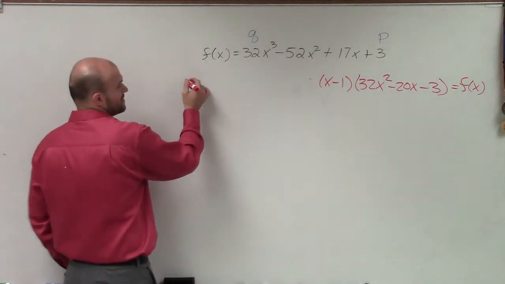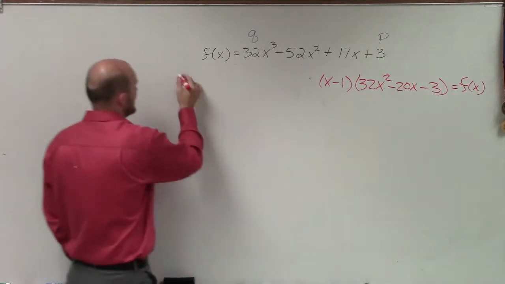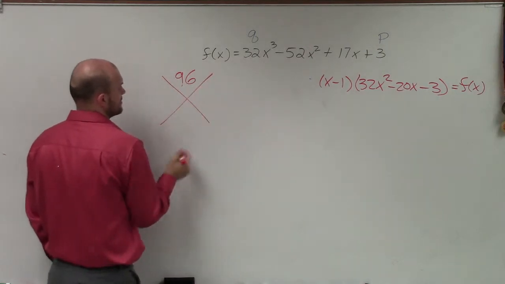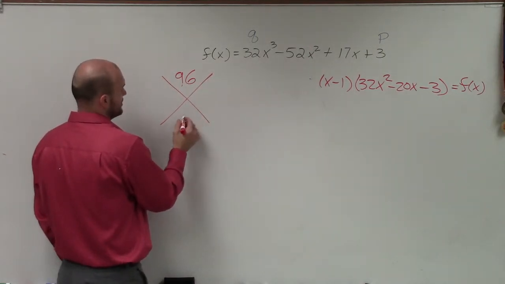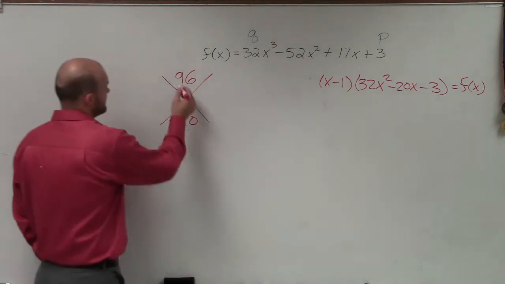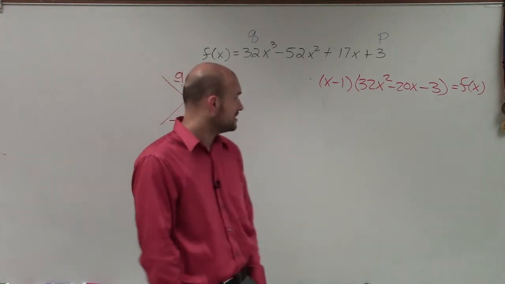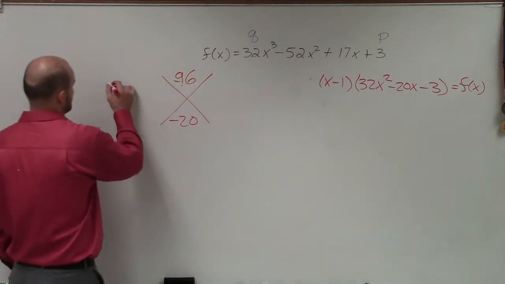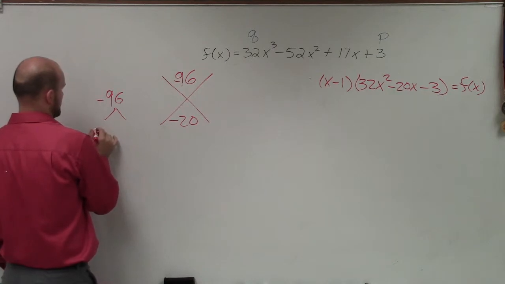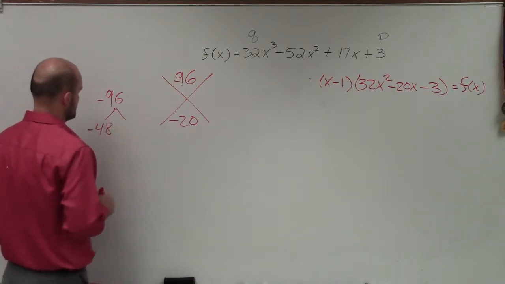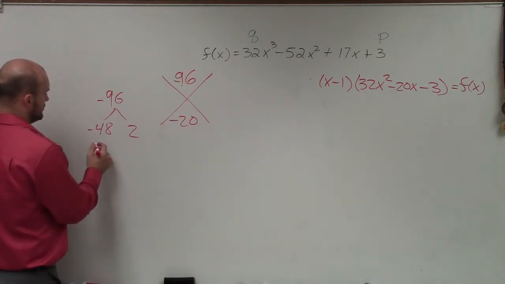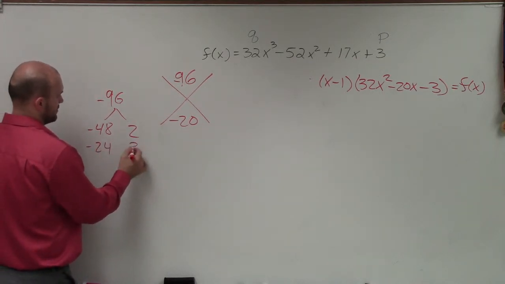So let's see, that's going to be 32, 64, 96. So what two numbers multiply to give you negative 96, but then add to give you negative 20? So let's see, 96. So you have negative 48 and 2, right? You'd have a negative 24 and 3.